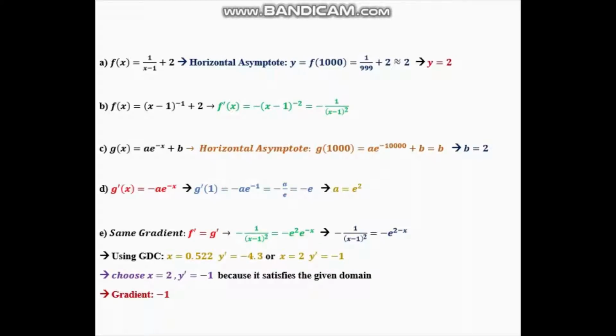So since it's the same gradient, f dash equal g dash, and we know that g dash of x is equal to negative a e to the power of negative x, knowing that a is e squared, so we are going to plug e squared instead of a, getting this expression right there.